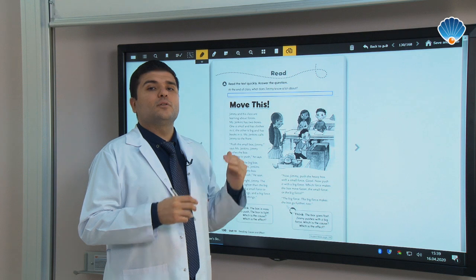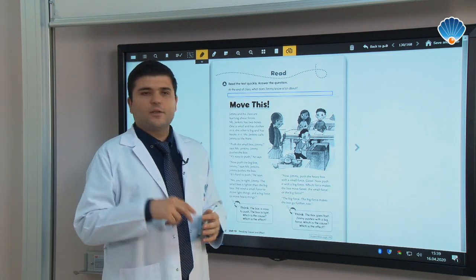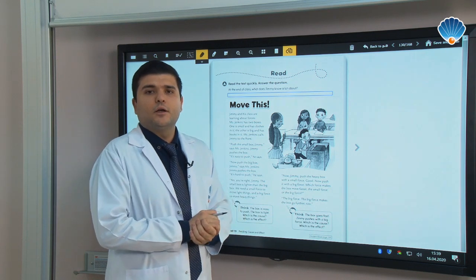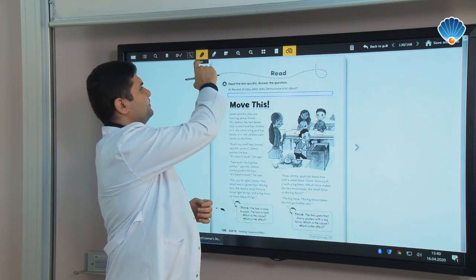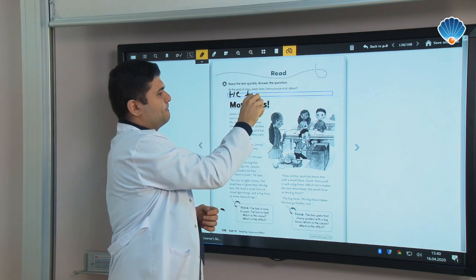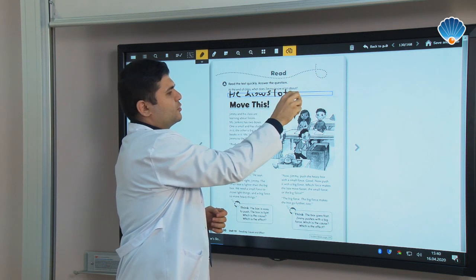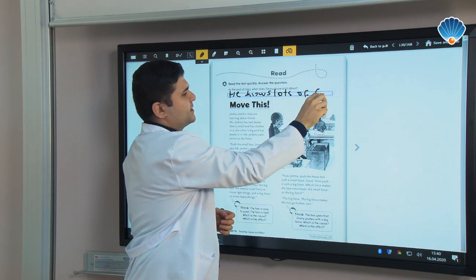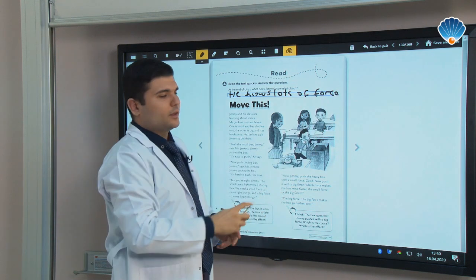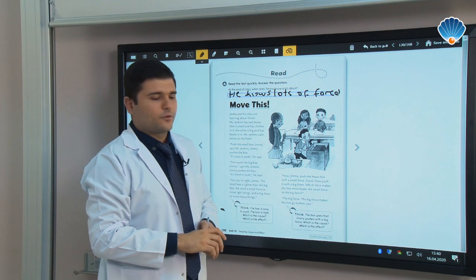This is what we call speed, okay. And so now, at the end of the class, what does Jimmy know a lot about? Of course, he knows lots of forces, okay, lots of forces. You can write this answer, and the answer is this, of course.